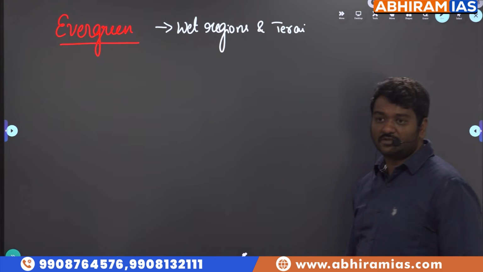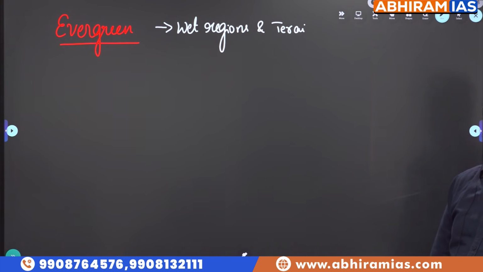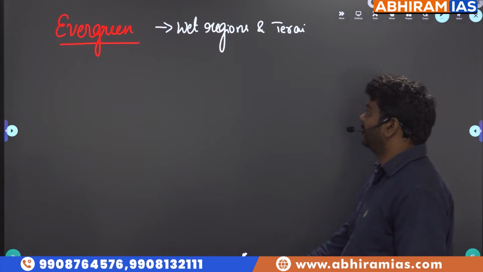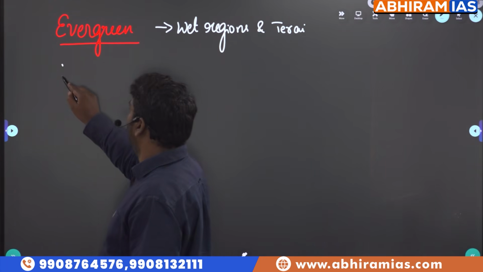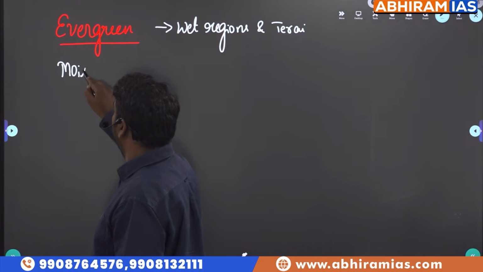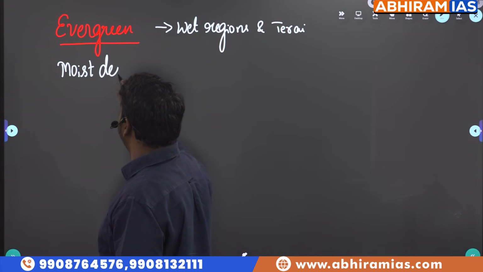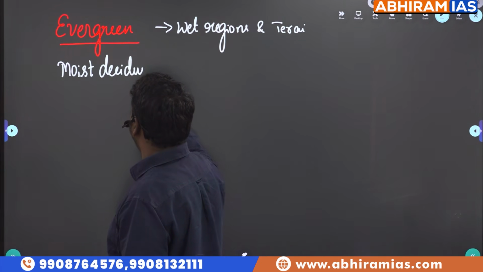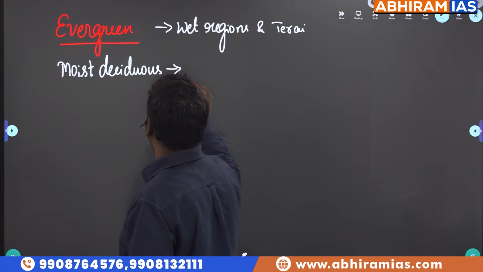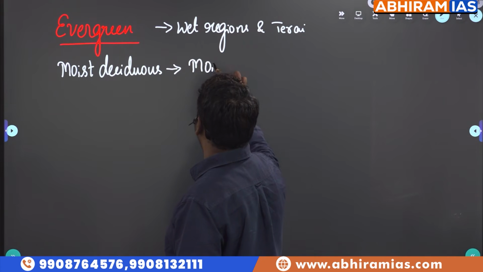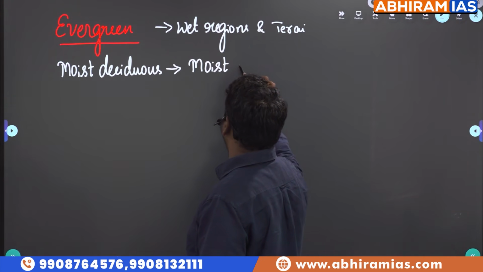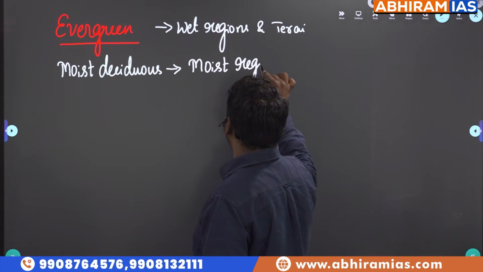A little bit of Terai also has this. Moist deciduous: moist regions.